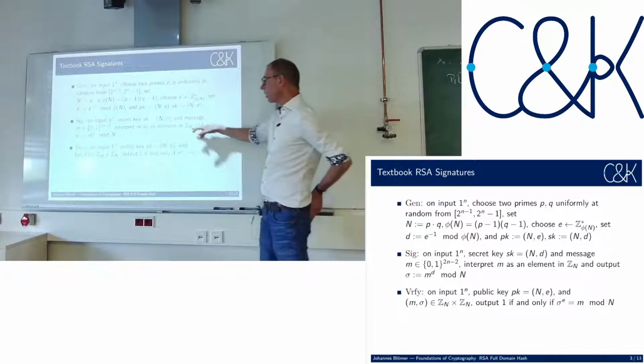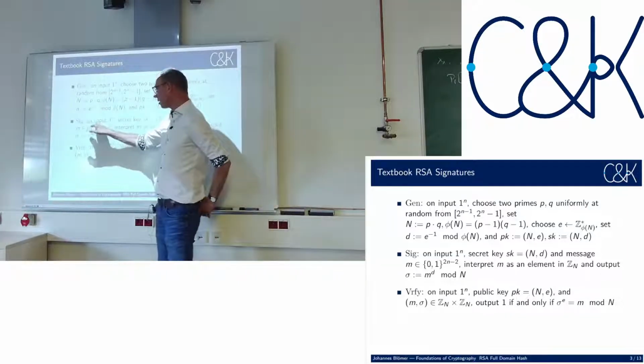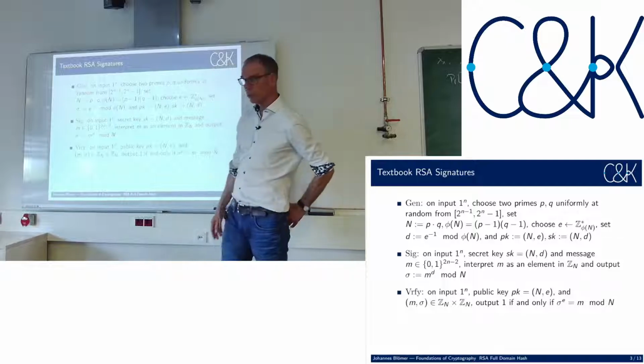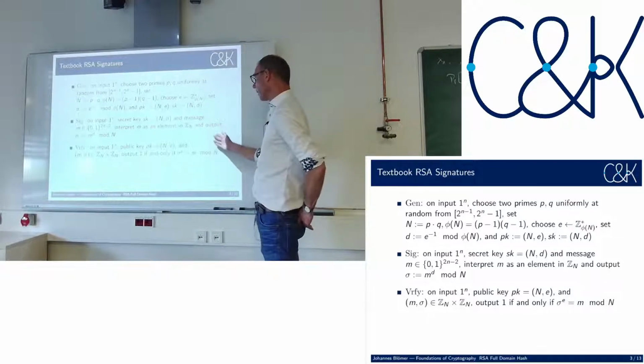Signing a message with the secret key (N, d) and a message from this space, which is somewhat arbitrary as I discussed in the previous lecture, we interpret m as an element in Zn.